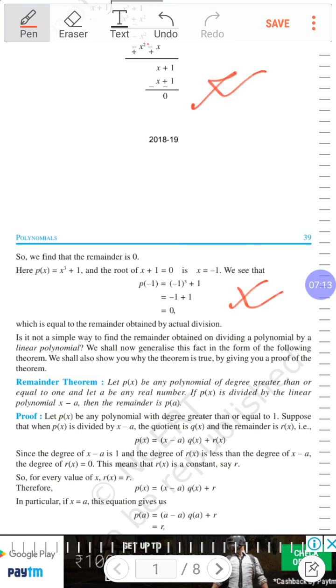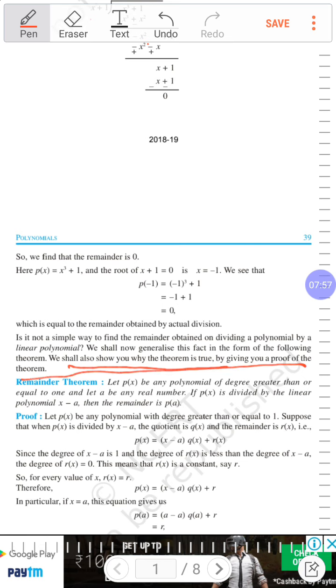We shall now generalize this fact in the form of the following theorem. We shall also show you why the theorem is true, why it is giving the remainder only, by giving you the proof of the theorem.